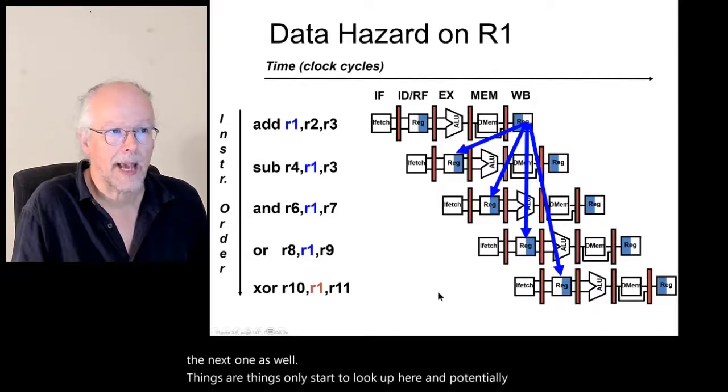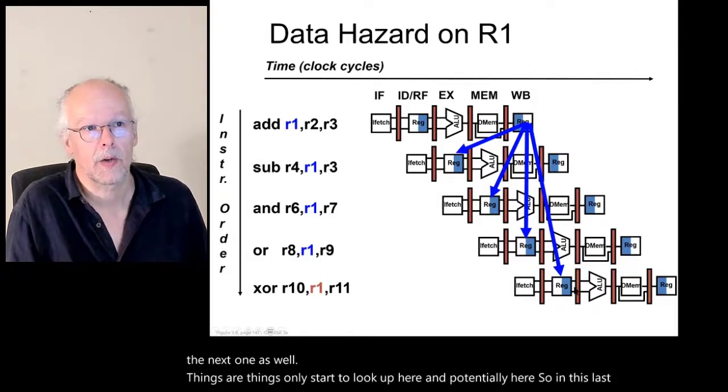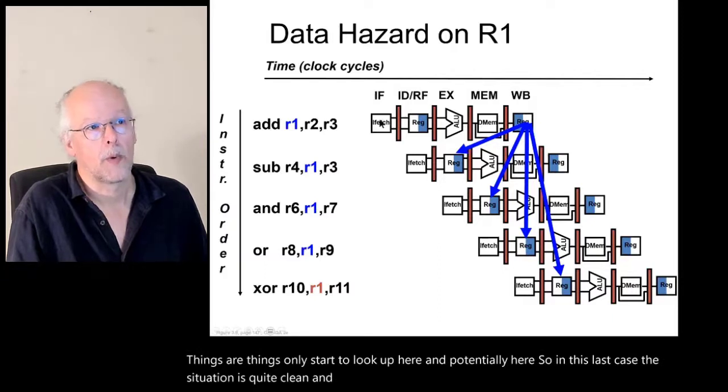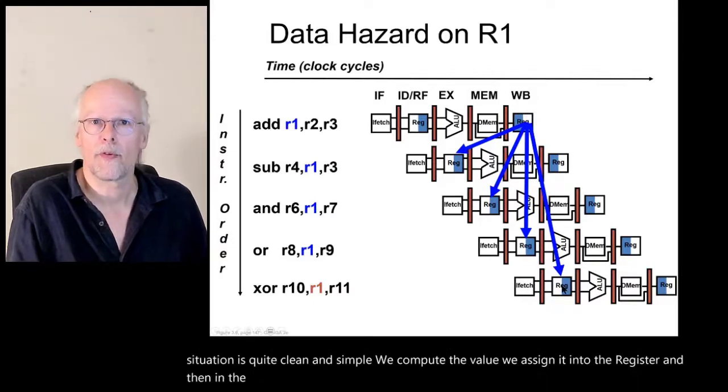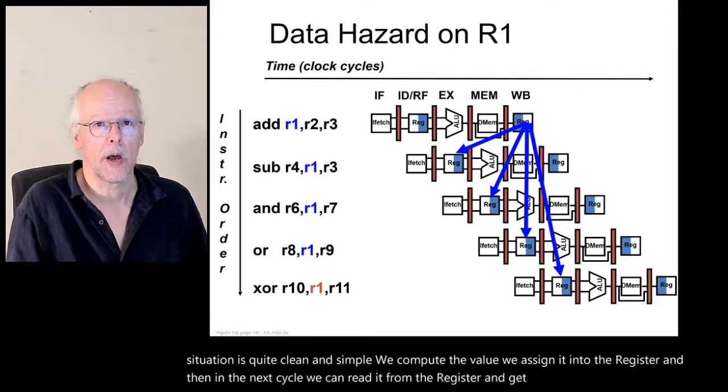So in this last case, the situation is quite clean and simple. We compute the value, we assign it into the register, and then in the next cycle, we can read it from the register and get the right value for R1.